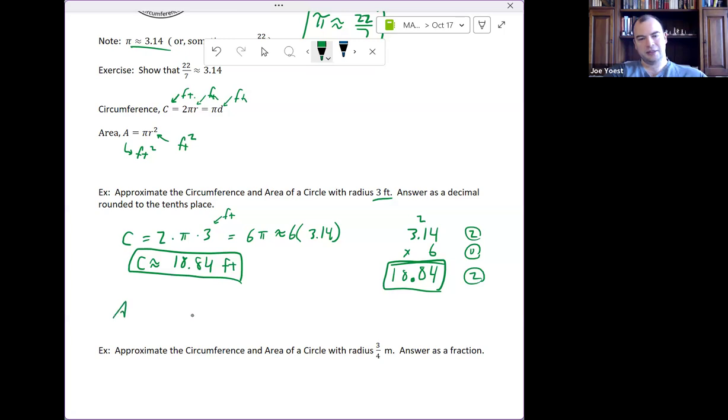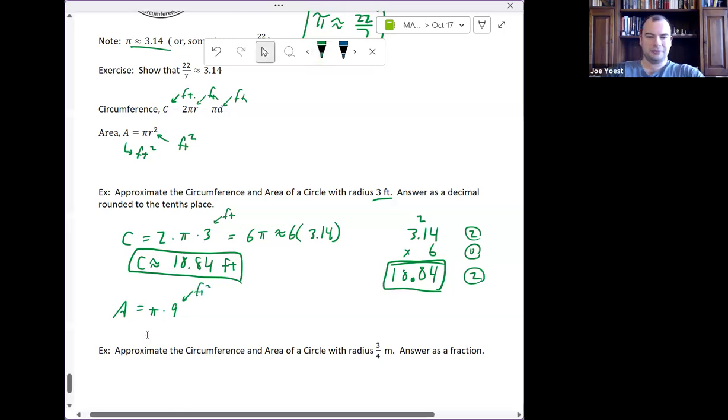And my area is pi r squared, or pi times 9. 3 squared is 9, and that's in square feet. So what is 9 times pi?